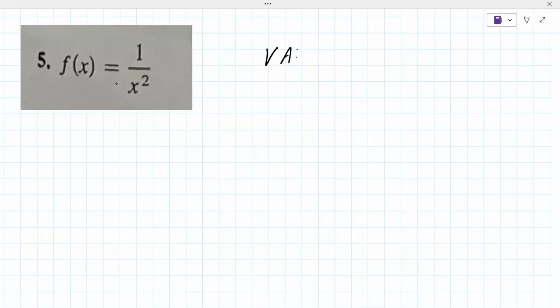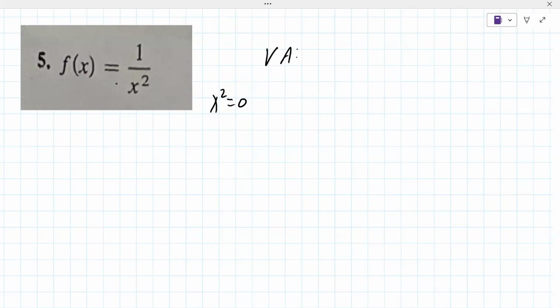So the bottom for the VA is going to be an x squared, I would say. You're setting x squared equal to 0, and you're solving for x. How do you undo a square? Is this going to be factorization?